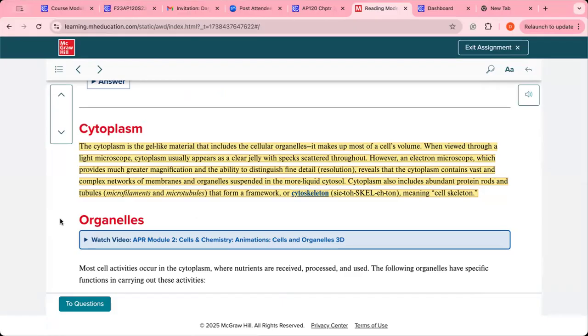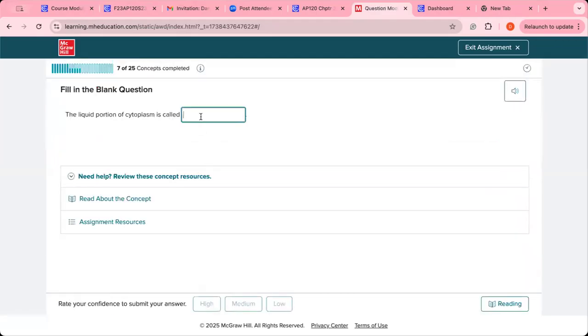It also includes protein rods, and okay, let's see. It reveals that the cytoplasm contains vast and complex networks of membranes and organelles suspended in the more liquid cytosol. Cytosol. C-Y-T-O-S-O-L. Cytosol.